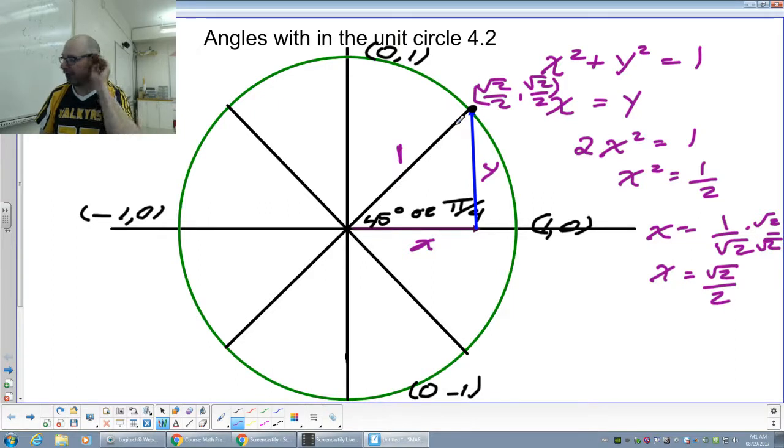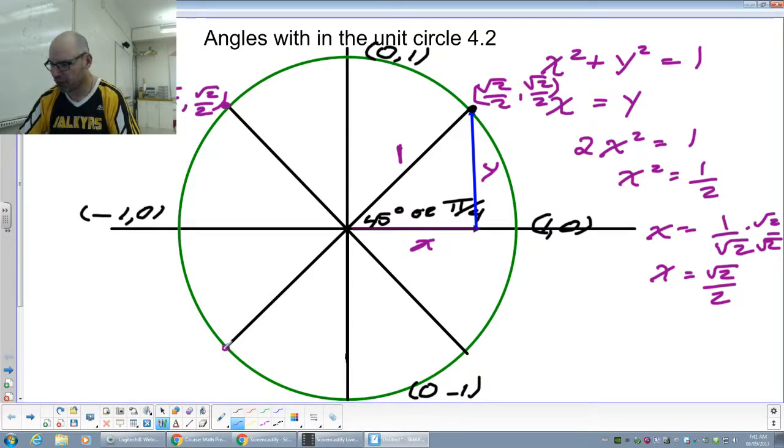Okay, well, that's good to know that point. So now we have a 45-degree reference angle here. So this point is going to be a little bit different. The x can't be positive because it's not going to the right, it's going to the left. So it just changes to have negative root 2 over 2 and root 2 over 2 for y. Okay. And as we go around, we go down to this one, it's going to have both negatives.